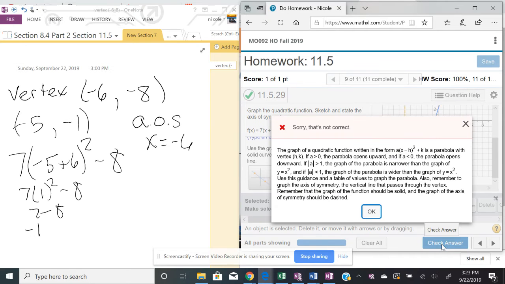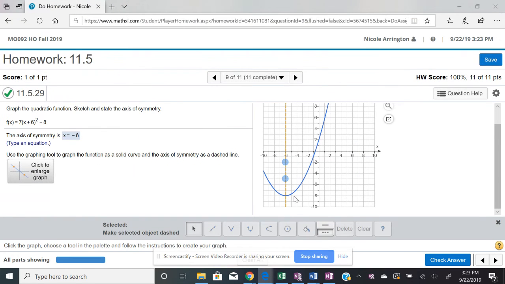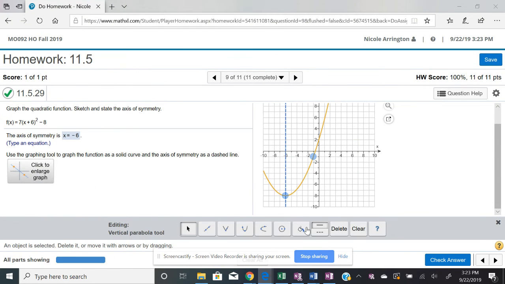We're going to check it. Oh, what did I do wrong? I'm not sure. So let's go back and check. My axis of symmetry is -6. Let's blow this up. Let's go back to here. Let's hit clear. Okay. So we're going to graph.